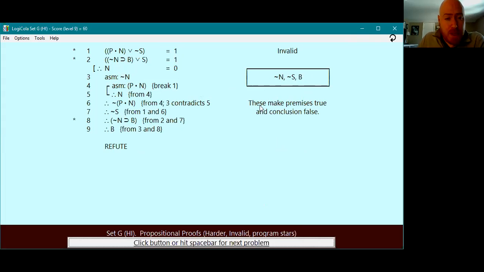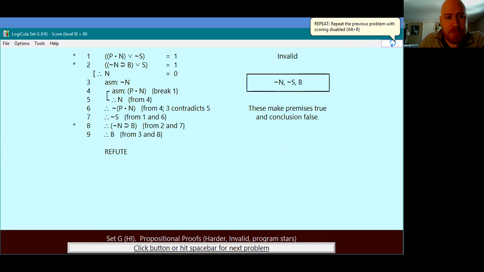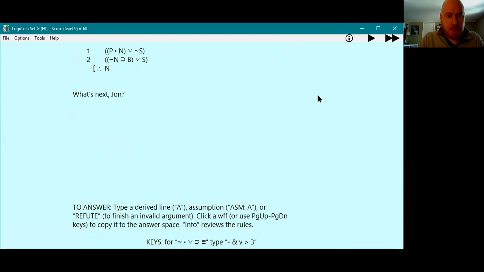Now, just for kicks and giggles, I want to go back and make a different assumption here. So we'll start the proof the same. We'll assume not N, okay? And once again, I can't simplify anything else.